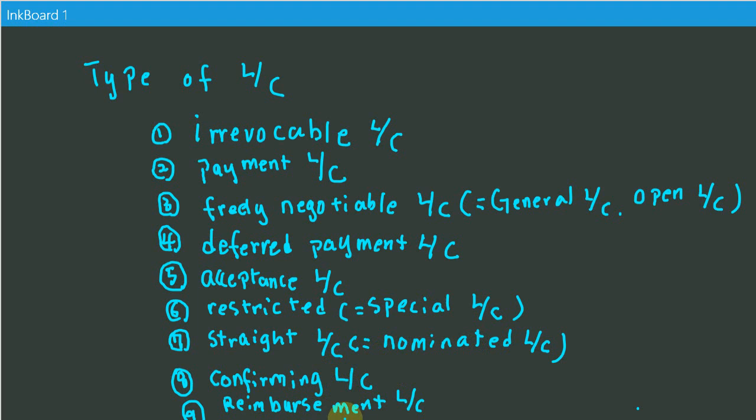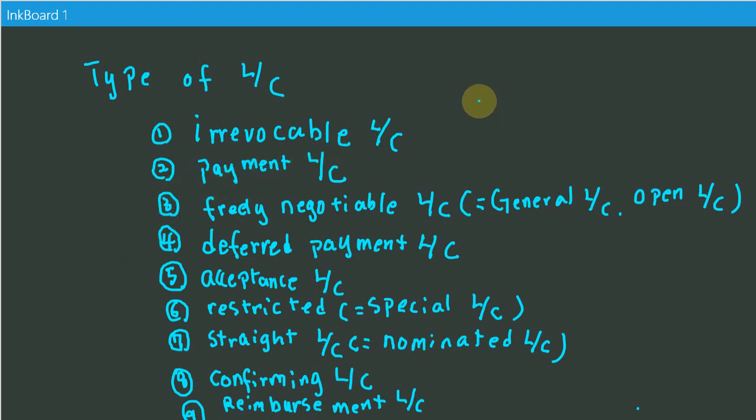Confirming LC, reimbursement LC. So we have to remember, and you have to recall all of these types of LC. This one will be presented in the final terms, okay?